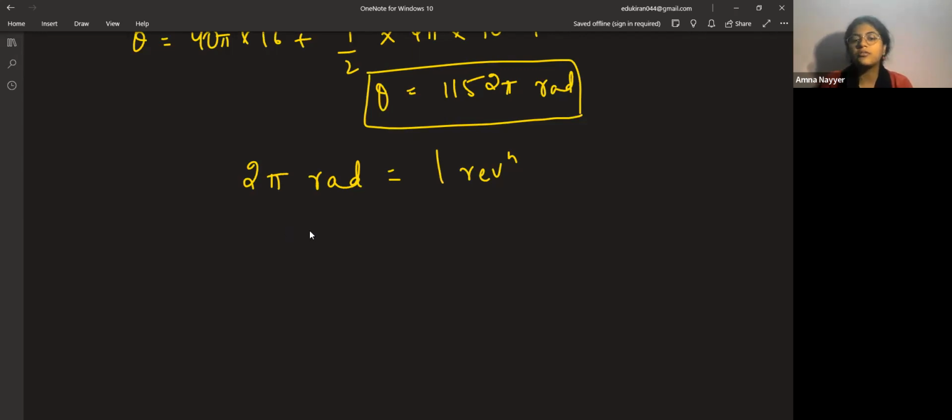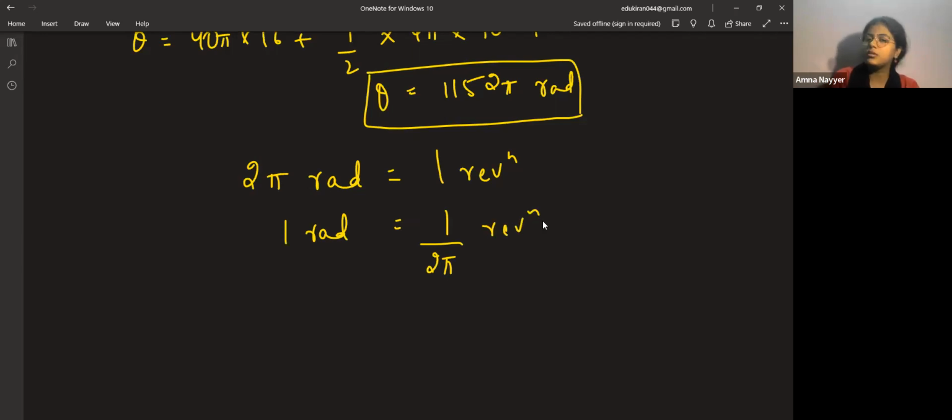So how much would 1 radian be if you apply the unitary method? 2 pi radians is for 1 revolution, so 1 radian will be 1 over 2 pi number of revolutions. So for 1 radian, if you have 1 by 2 pi number of revolutions, for this many radians, how many revolutions will you have?